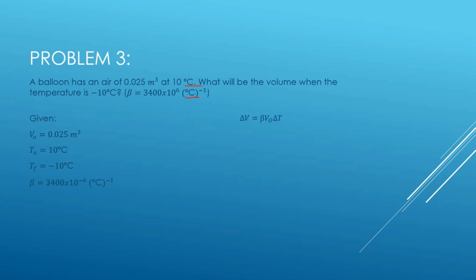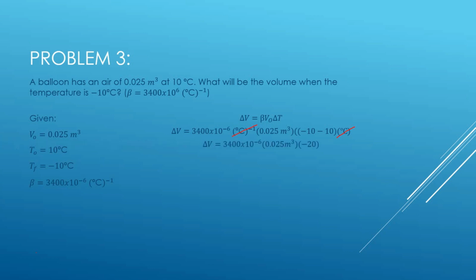Okay. So now using the formula, you substitute everything into the formula, just as earlier. We cancel out this degree Celsius and this degree Celsius, which will give us this.